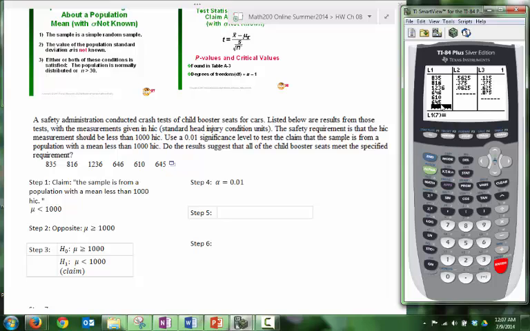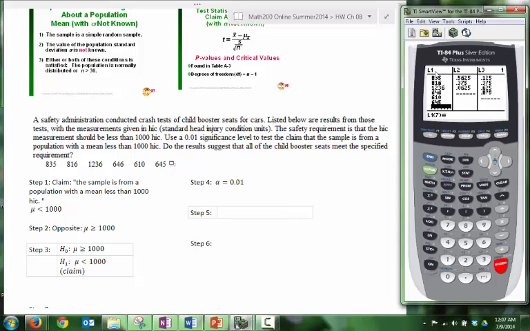We have a short list of 6 values, and double checking those values, it looks like it's entered in correctly. So what we can do here is we can do 1-var stats to find our information and then put it into this formula. Or we can literally let the calculator do all the work for us.